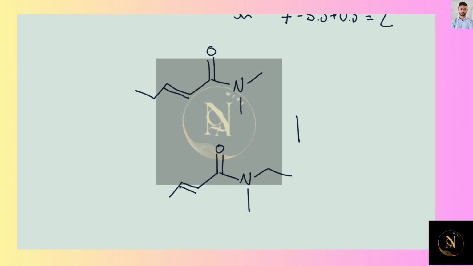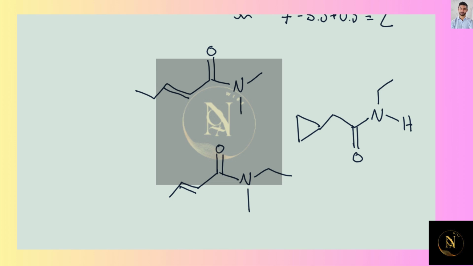Let's do that. This is 1, 2, 3, 4. Maybe we'll get fancy here and put a hydrogen and then an ethyl here. 1, 2, 3, 4, 5, 6, 7. Yeah, that looks good. Okay, let's get to naming these.